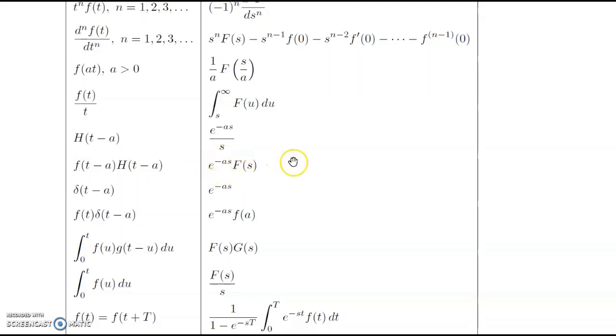So the most similar term is this one, e^(-as) F(s). The answer that we are supposed to get at the end should be in this form.